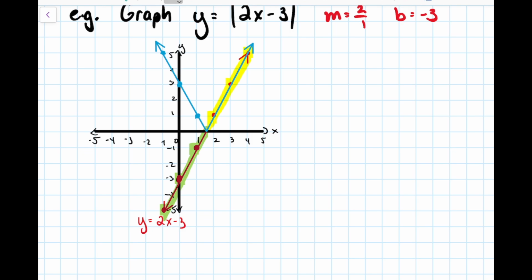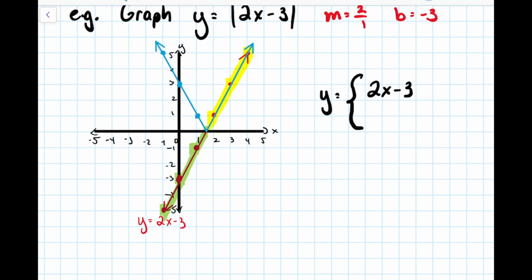Now we just need that piecewise function. So we've got 2 parts, and it's always going to be kind of the same thing. So the first part is the bit that we didn't change, 2x minus 3. The second bit is the part that we did change. And so if you look at that blue line on the left, so this bit over here, the slope of that is now negative 2 instead of positive 2.